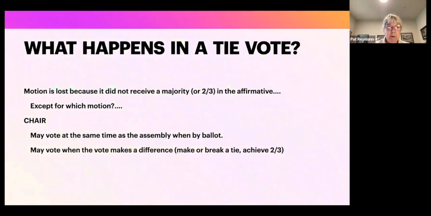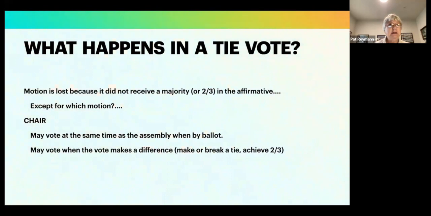But the chair may vote when that vote makes a difference. Usually we hear to break a tie. Well, that's only part of it. To make or break a tie, or achieve 2/3 if that is what is required of that vote. So it's really more complete to say the chair votes or may vote when his or her vote makes a difference.